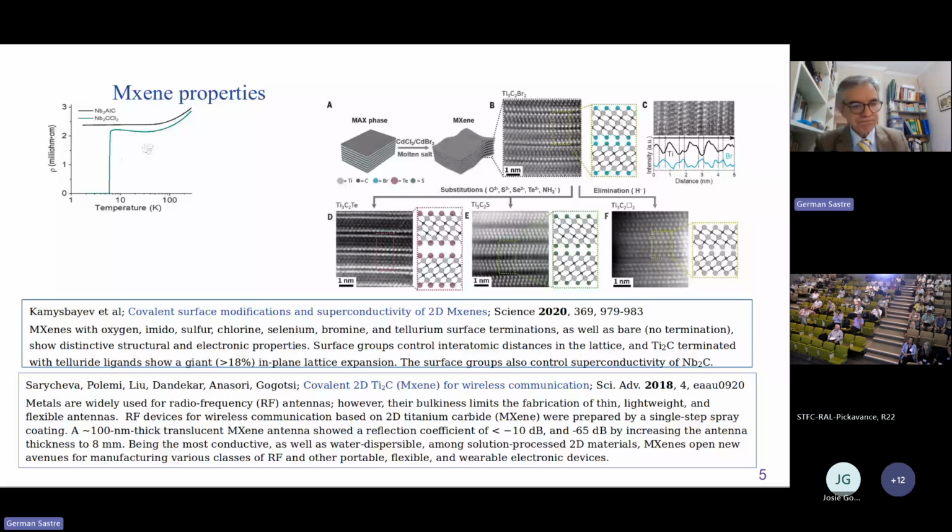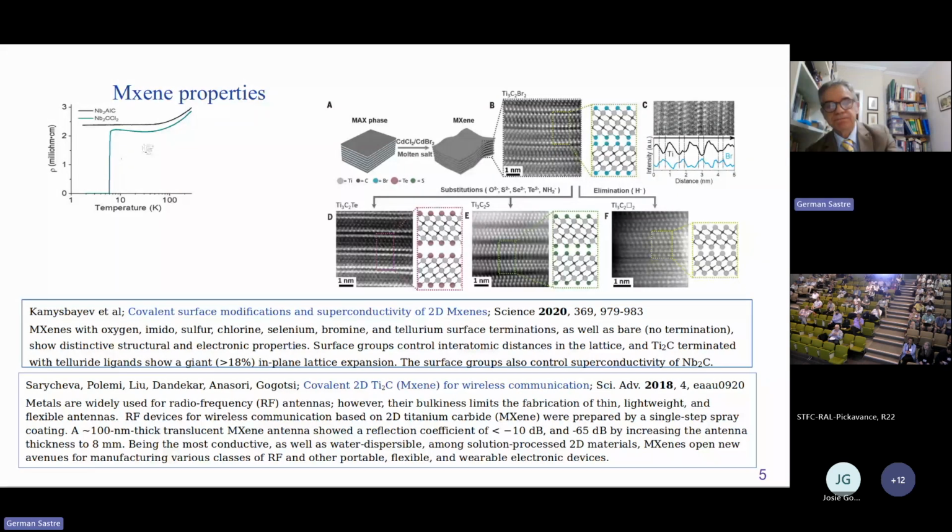Another one that I selected is that MXenes can also be used for radio frequency antennas, normally made by metals, but then apart from the electric conductivity of MXenes, which is good for this, the property that they can be easily delaminated, and they are also flexible, therefore introduces interesting properties for this kind of devices.